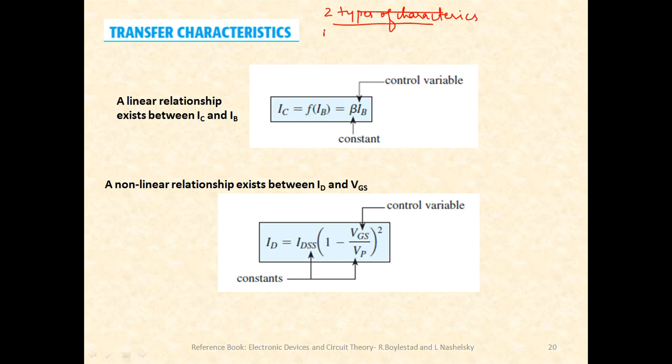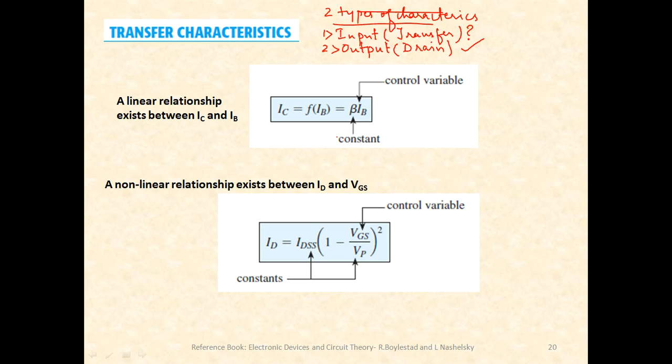The first one is called input characteristics, which we also call transfer characteristics, and the second one is output characteristics, which we also call drain characteristics. So far we have seen the output characteristics or the drain characteristics. We haven't yet seen what the input transfer characteristics of a JFET look like.